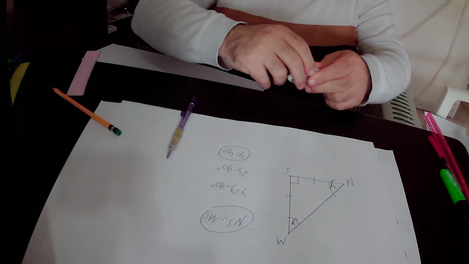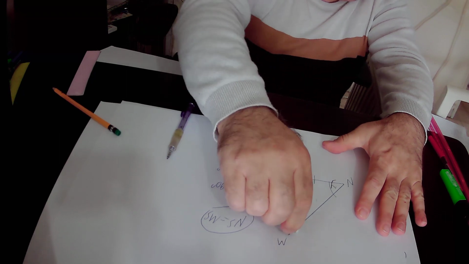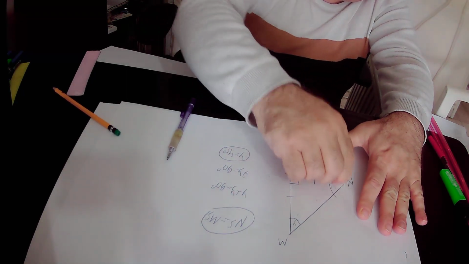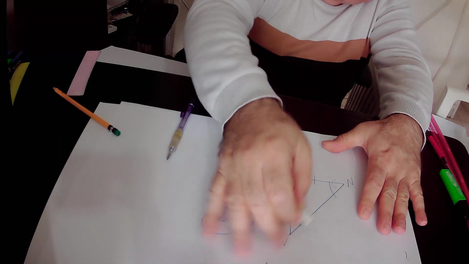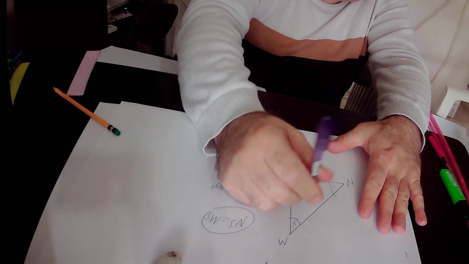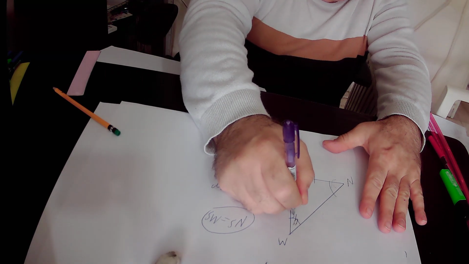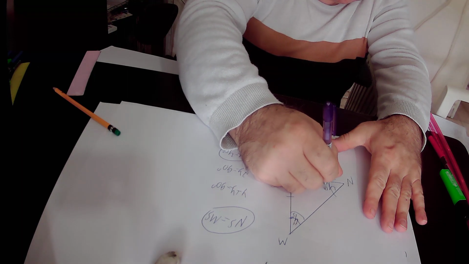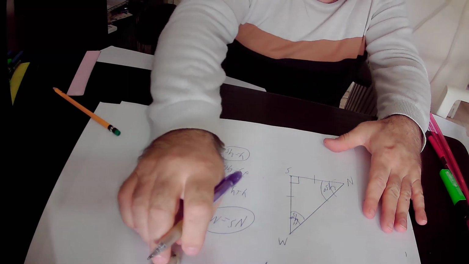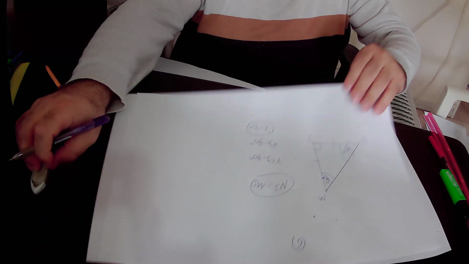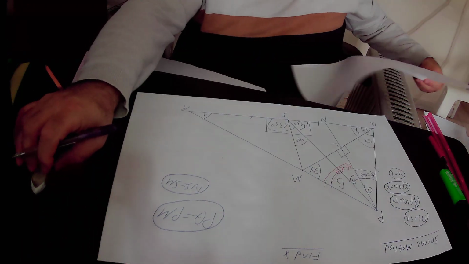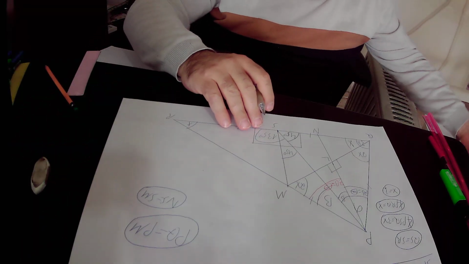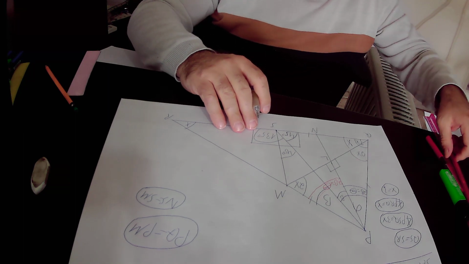So here we'll substitute y by 45 degrees. Here y equals 45 degrees, and here also y equals 45 degrees. So we will join points N and M together by a straight line.